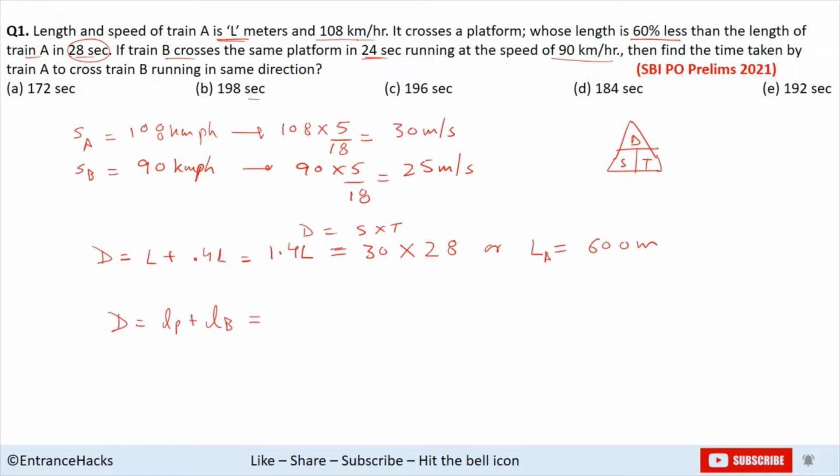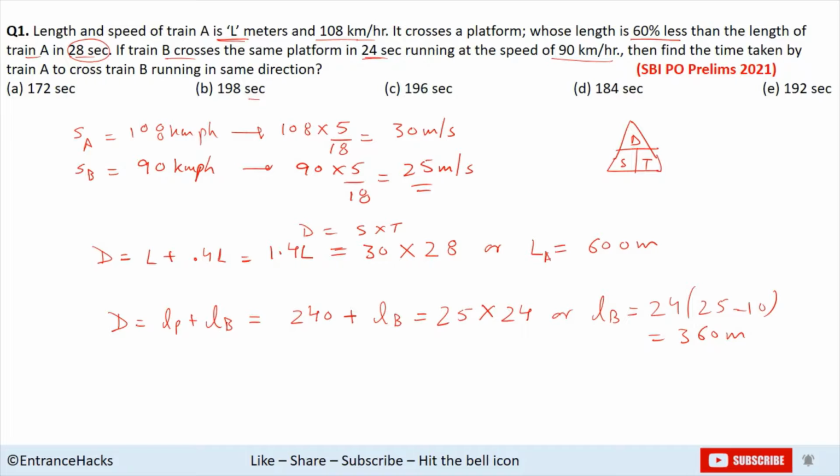The length of the platform is 40% of the length of A, that is 240 meters, plus the length of B, and it travels at the speed of 25 meter per second for 24 seconds. So the length of B would be 24 into 25 minus 240, equal to 24 into 15, which is 360 meters. That is the length of train B.